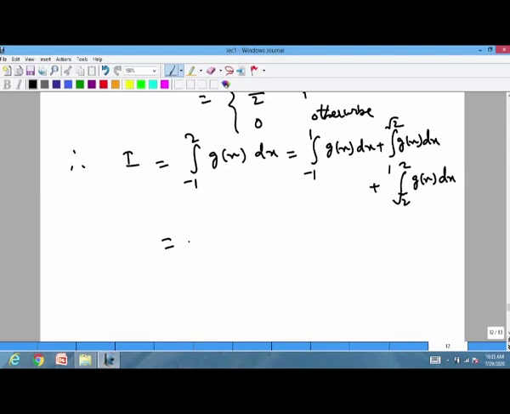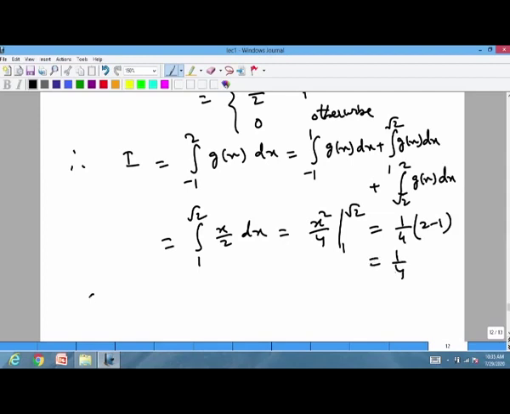Now, here g of x is 0 in the first interval and the last one. So, this is equal to the integral from 1 to root 2 of x by 2 dx, which comes out to be x square by 4 evaluated between 1 and root 2, and this gives the answer as 1 by 4 times 2 minus 1, which is 1 by 4. So, I is equal to 1 by 4 is the answer.